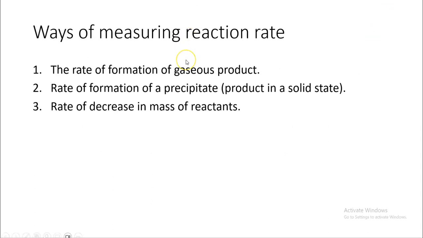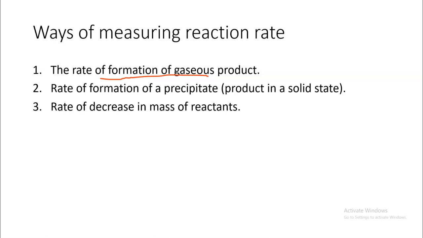So there are different ways in which you can measure reaction rate. There are 3 ways, which are the most common ones for grade 12s. The first most common one, we tend to measure the rate of reaction through measuring the rate of formation of the gaseous product. So by measuring the amount of gaseous product that you're forming, we can get the rate of the reaction.